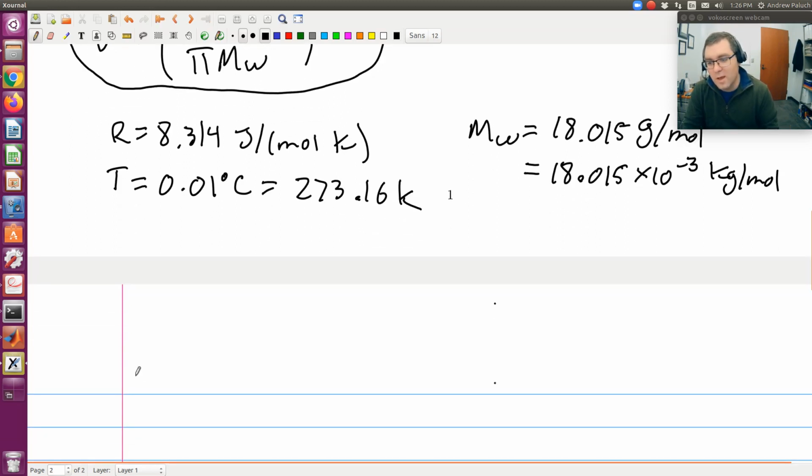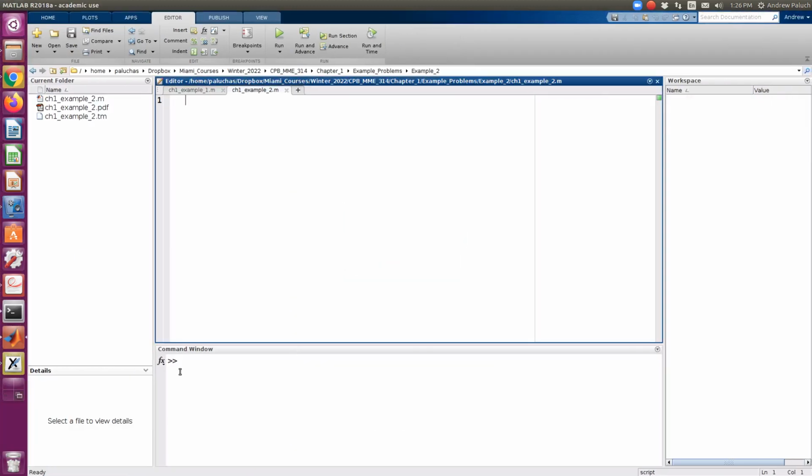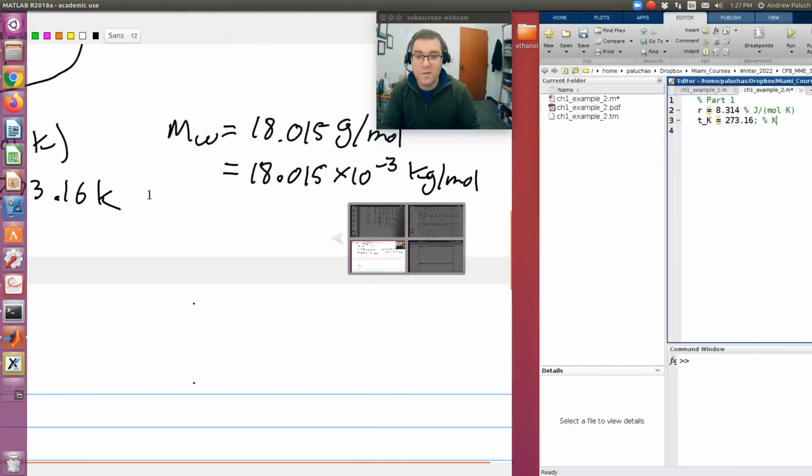So putting it together, I'm going to come over here, and we'll call this part 1. R is 8.314. My temperature in Kelvin was 273.16. Easy enough, I'm not worried about the conversion factor here.